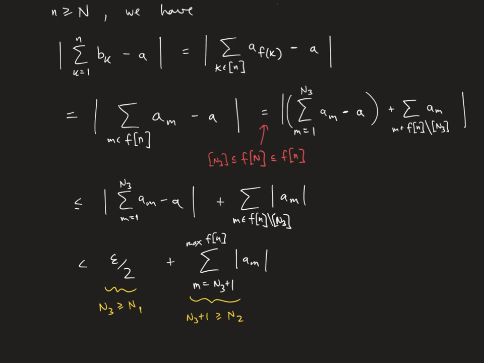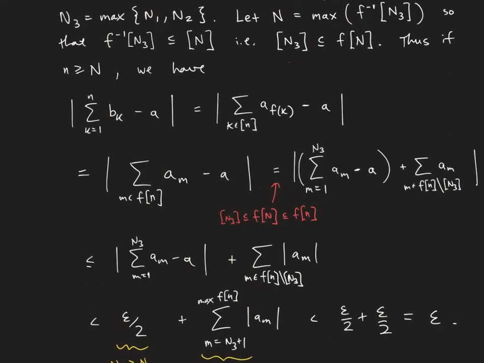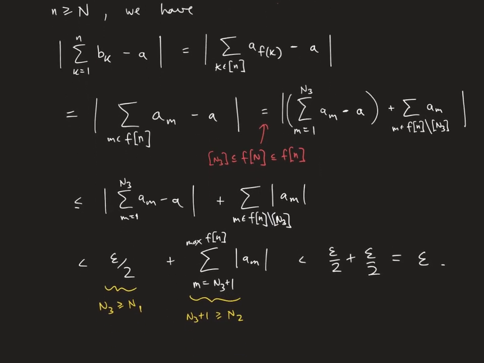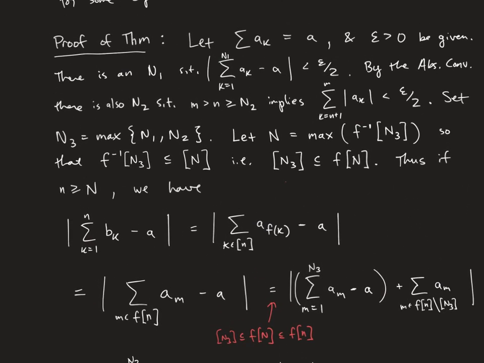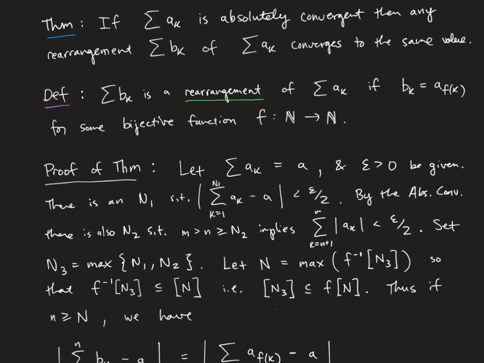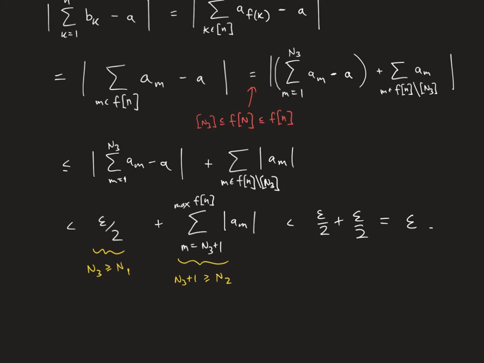So this then is going to be less than epsilon over 2, and that equals epsilon. Okay, so that successfully bounds the difference between the b_k partial sum and that limit A, and so therefore the b_k partial sum must be limiting to that same value as the a_k series.